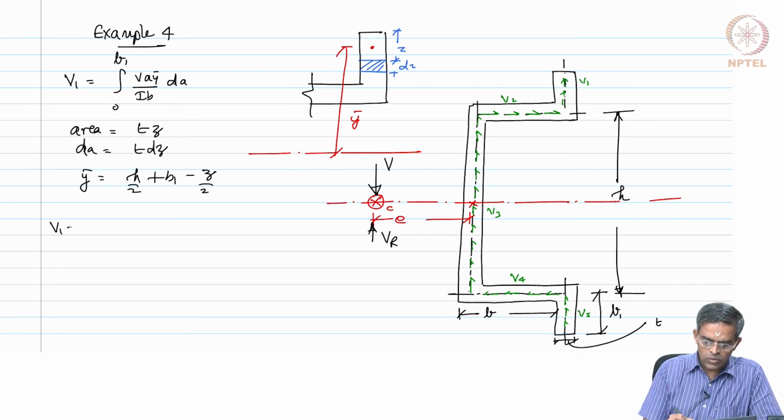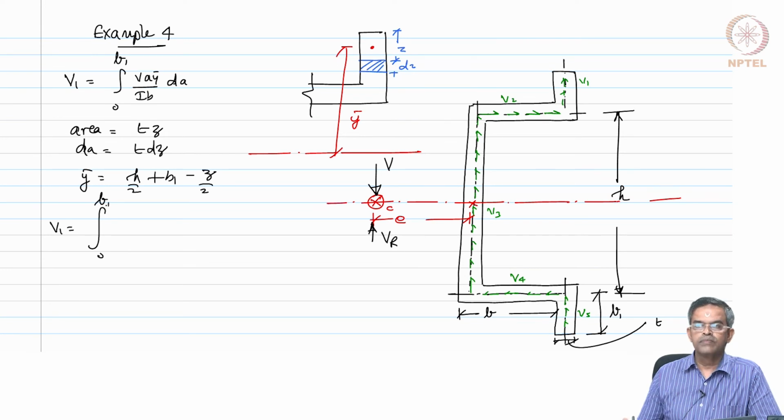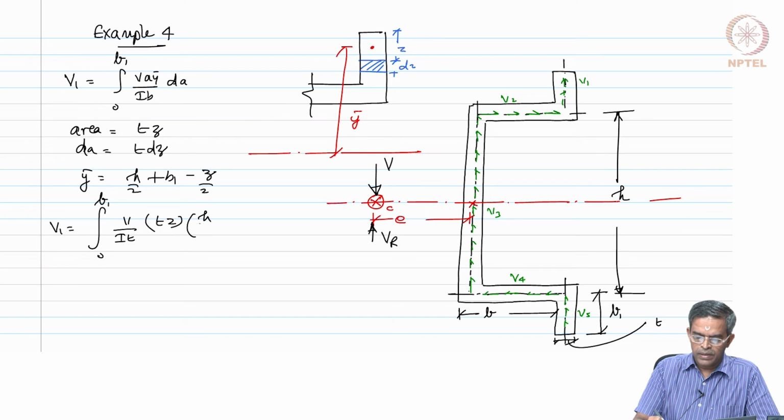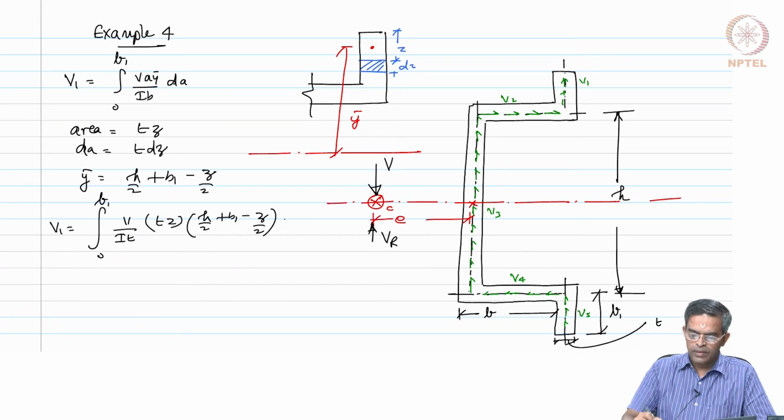So, let us substitute and get V1. Integral 0 to B1 of V by I T, T z, h by 2 plus B1 minus z by 2, T dz.